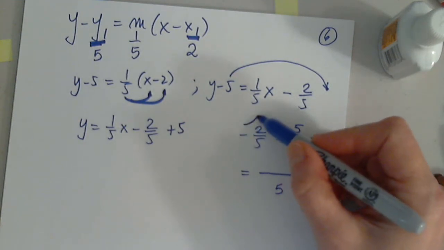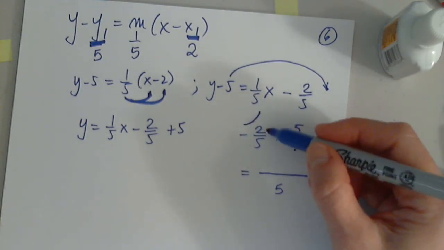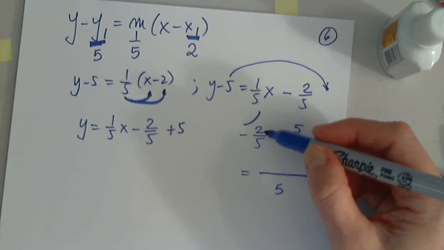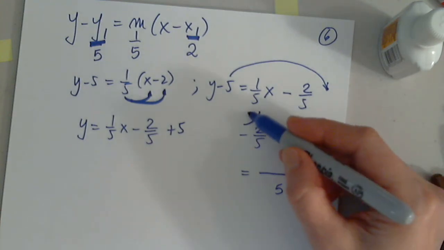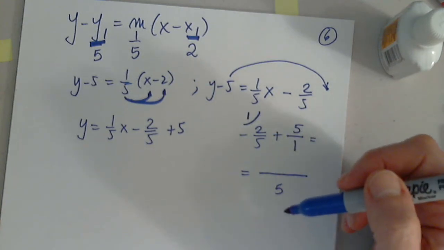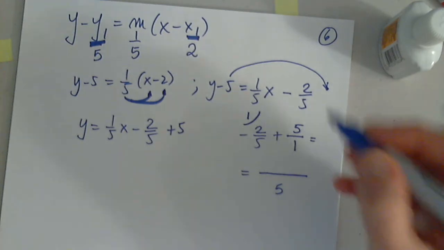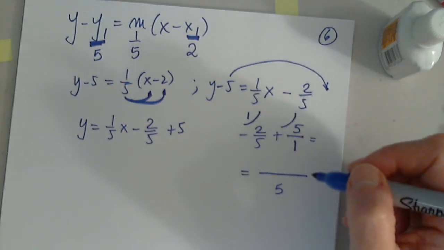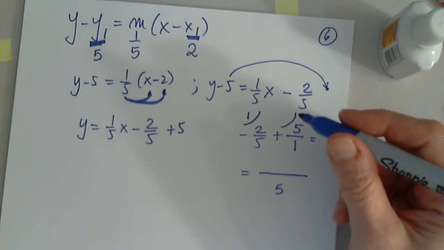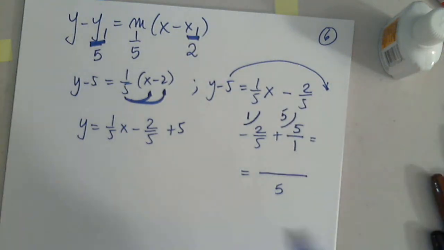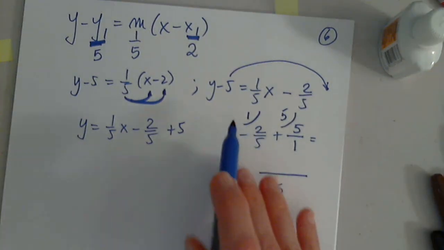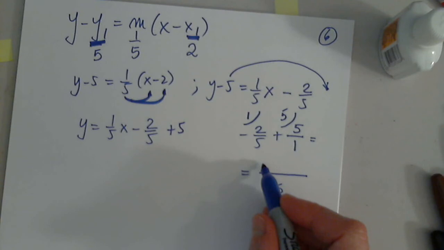5 is the same here. Do I multiply the top of the fraction by anything? For the first one, it'll be -2. Just 1, nothing. We don't have to do anything. 1 was multiplied by 5. What do I need to multiply the top by? 5. Very good. So -2 times 1 is -2.